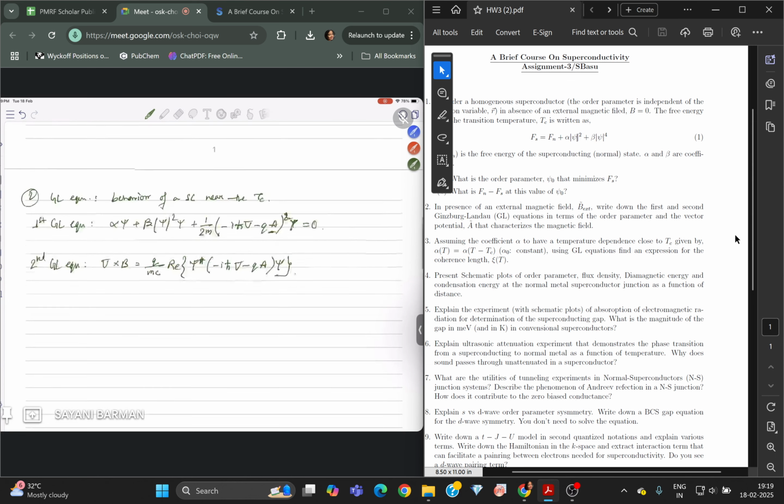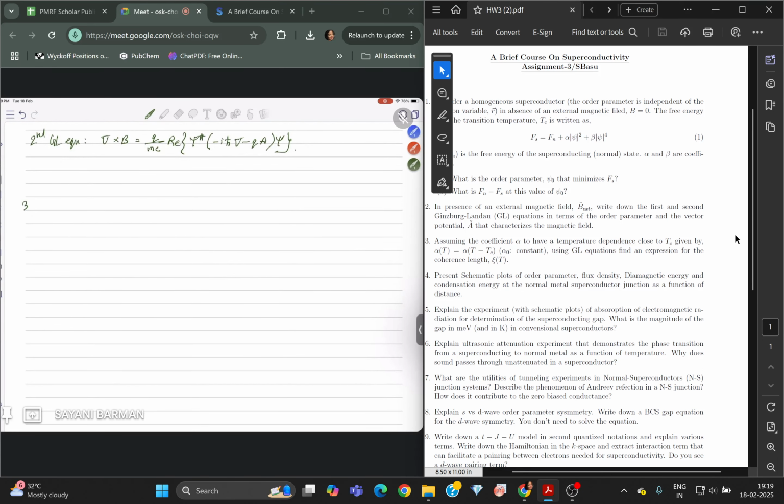Yeah, fine. So then the third question is, assuming the coefficient alpha to have a temperature dependence close to Tc given by alpha of T equals this, alpha naught is a constant.